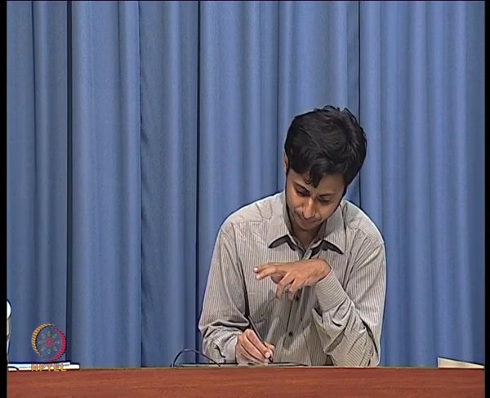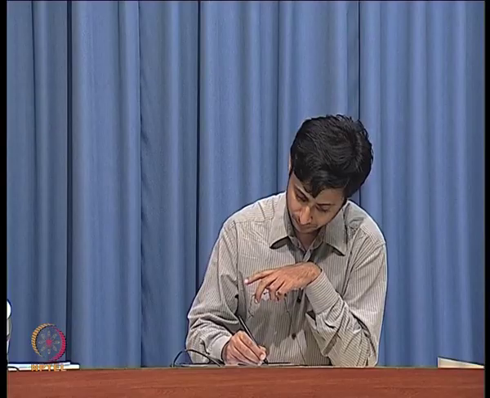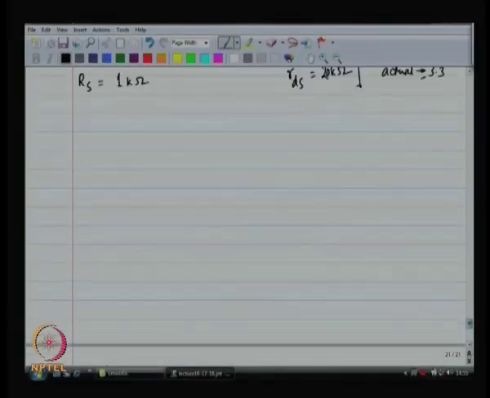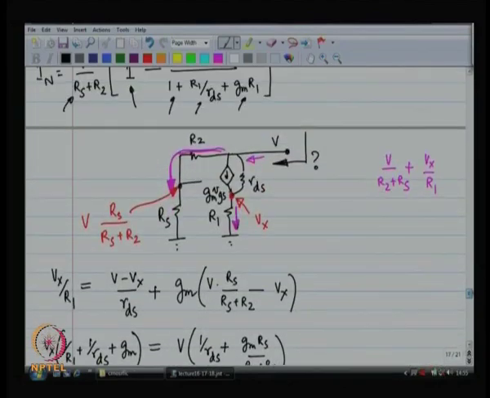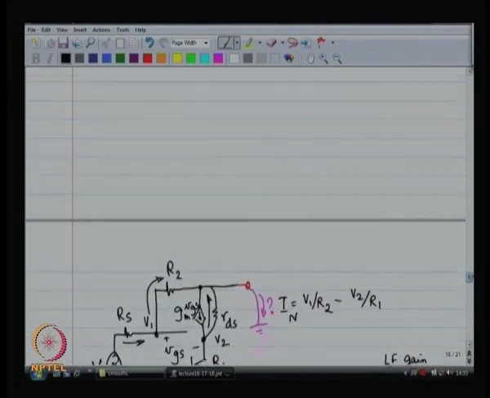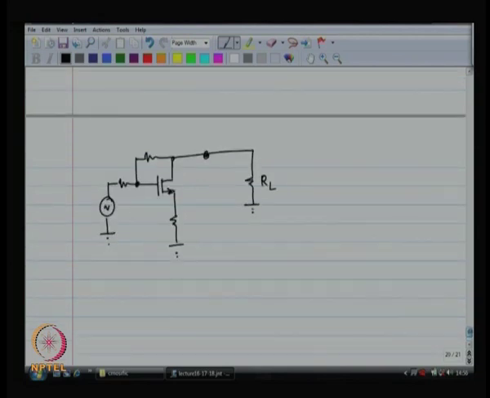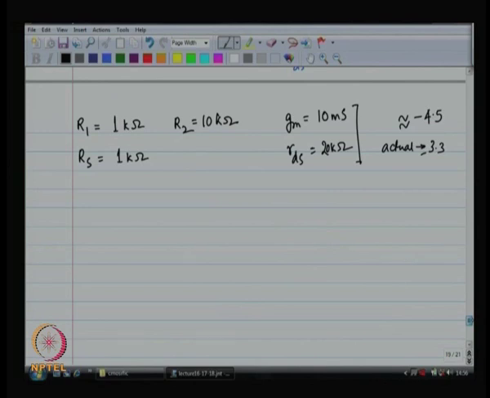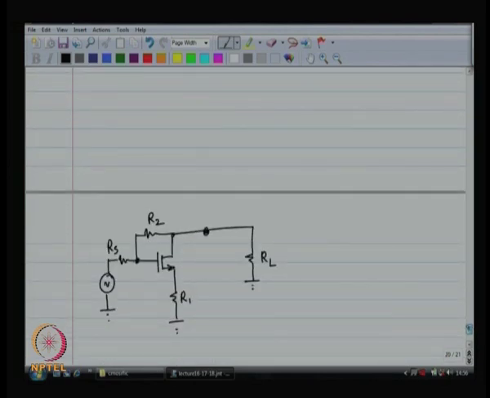You need not make that assumption. Fine. Let us pick up some sample numbers. Let us stick to the numbers that we have got, right. R1 1K, let us stick to these numbers.